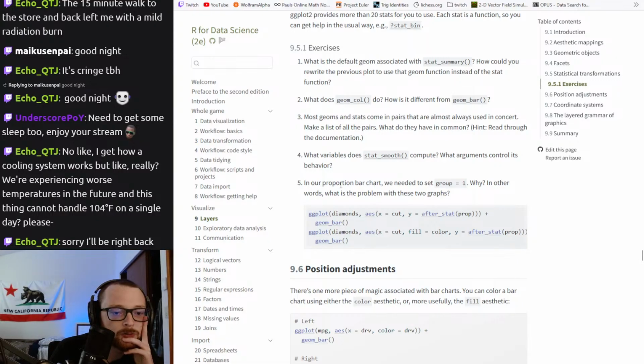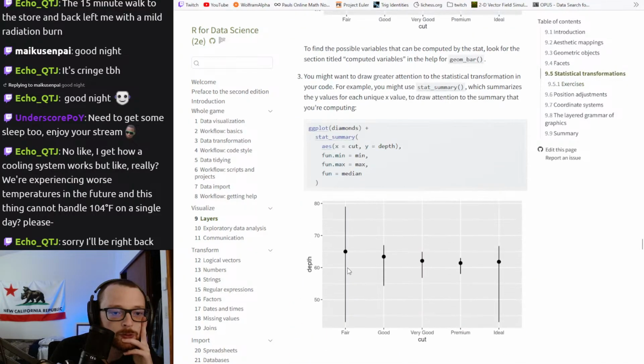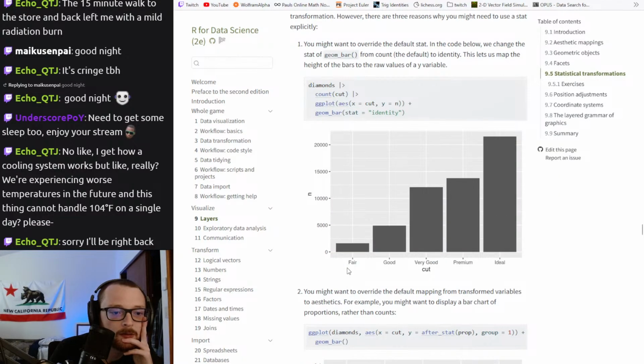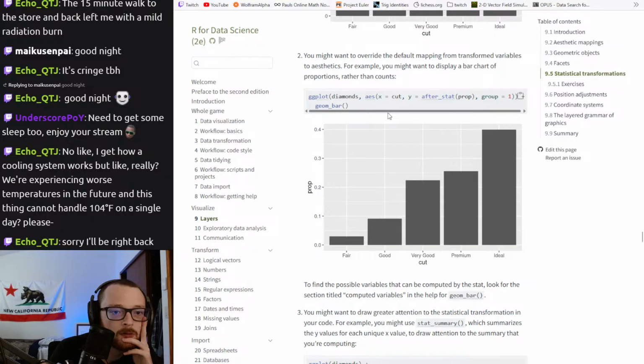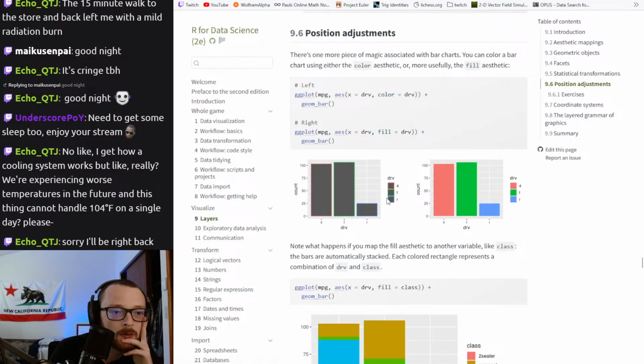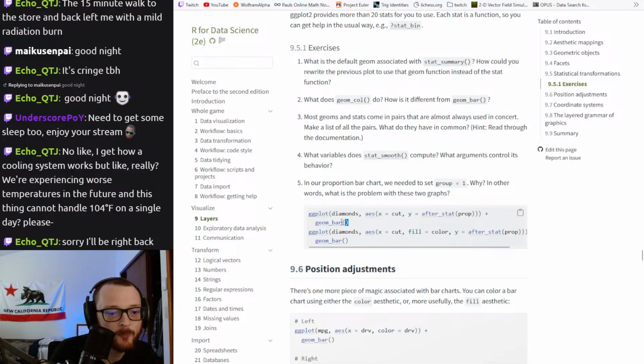In our proportion bar chart, we need to set group equal to 1. Which one was that? This one. So they have group equals 1 here, and they get this output here. If we chop that off, what do we get?